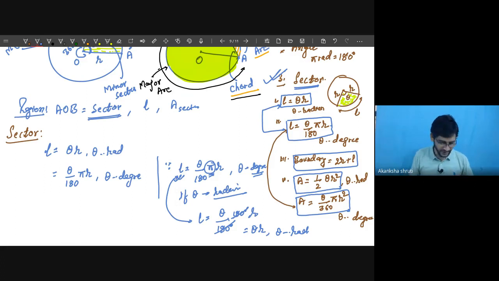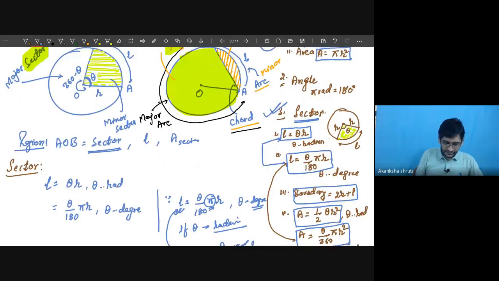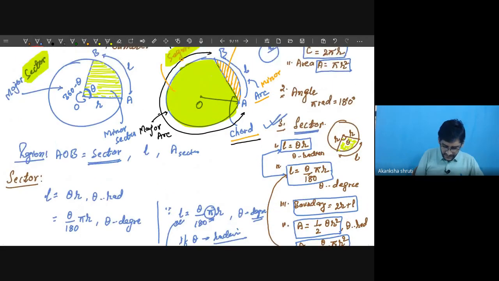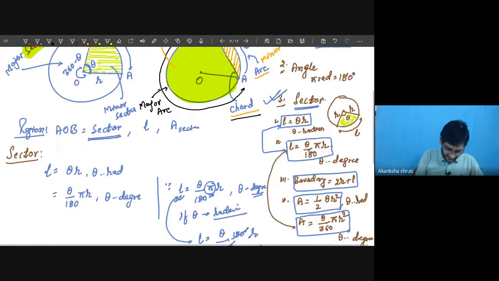This thing we had also learned earlier. So this was for the minor arc, student, the arc with angle theta.